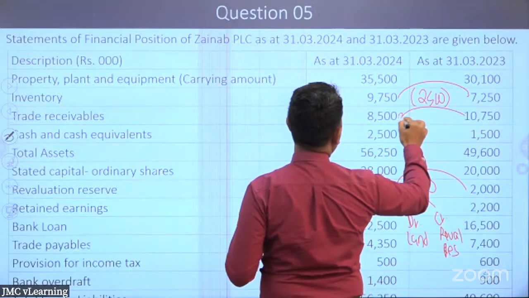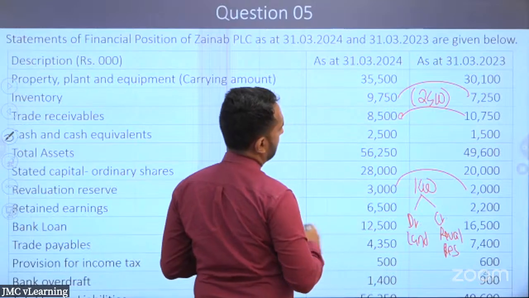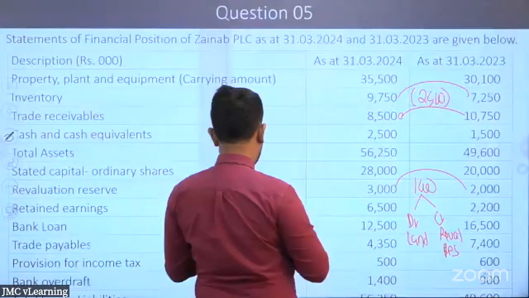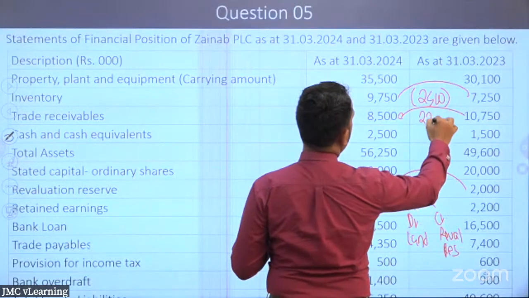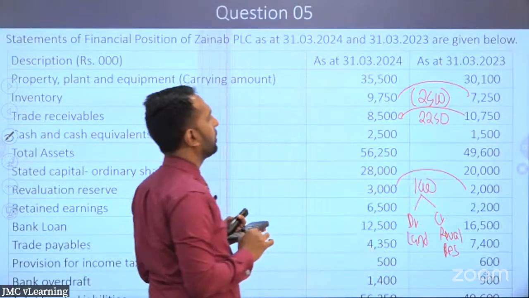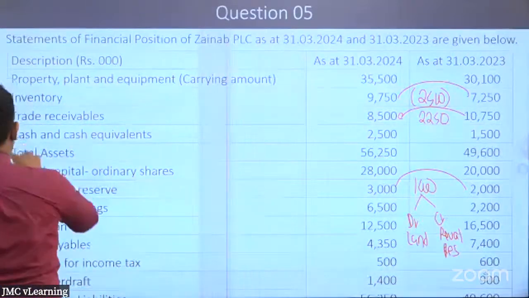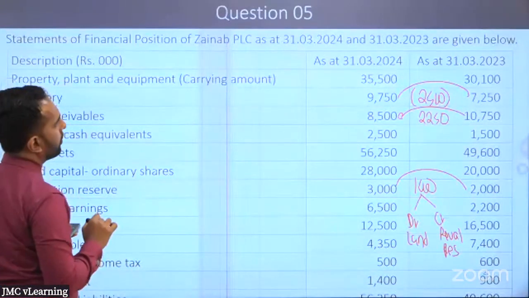Debtors have decreased. So you got cash. Debtors have decreased and you got cash 2250. So shall we record those two then?